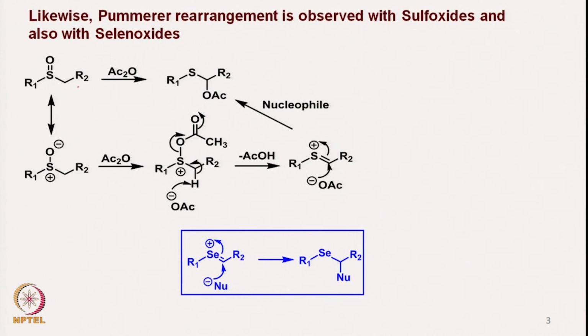Nevertheless, the sulfoxide here, for example, reacts with acetic anhydride, and therefore one can write the resonance structure of the sulfoxide in this fashion here, and the nucleophilic oxygen here reacts with the electrophilic acetic anhydride to form this intermediate, from where the acetate ion picks up the proton from here, and that allows the elimination to take place to form this particular sulfonium ion, and this sulfonium ion then is reacted with a nucleophile. In this particular case, acetate is the nucleophile.